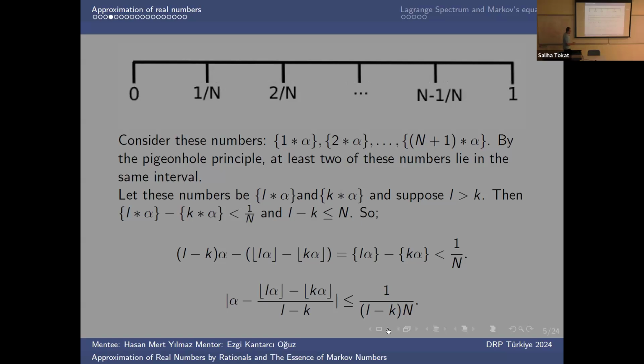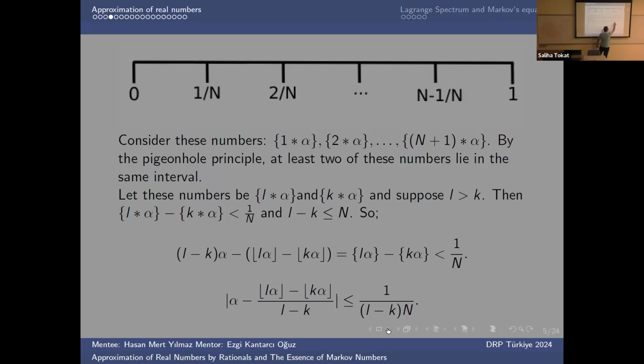So L times alpha minus the integer part of L alpha is the fractional part of L alpha, and K times alpha minus the integer part of K alpha is the fractional part of K alpha.